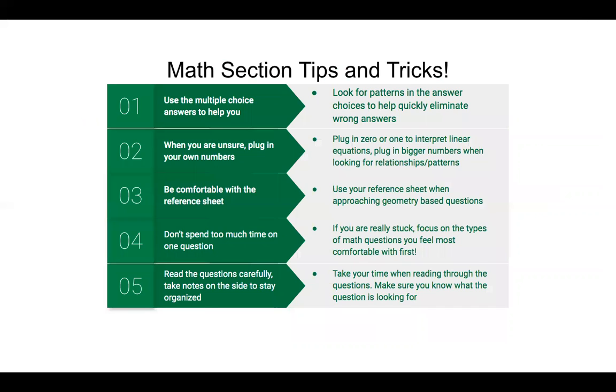So part of the answer will be right, but maybe the back of the expression or something won't be correct. So just be careful and don't rush when you're looking through your multiple choice answers. If you're unsure, don't be afraid to plug in numbers. You can plug in 0 or 1 when interpreting linear equations, and also you can plug in bigger numbers if you're looking for relationships or certain patterns, right?